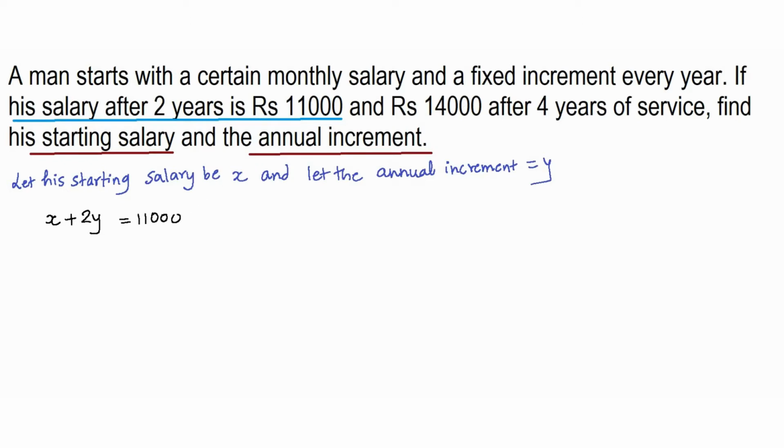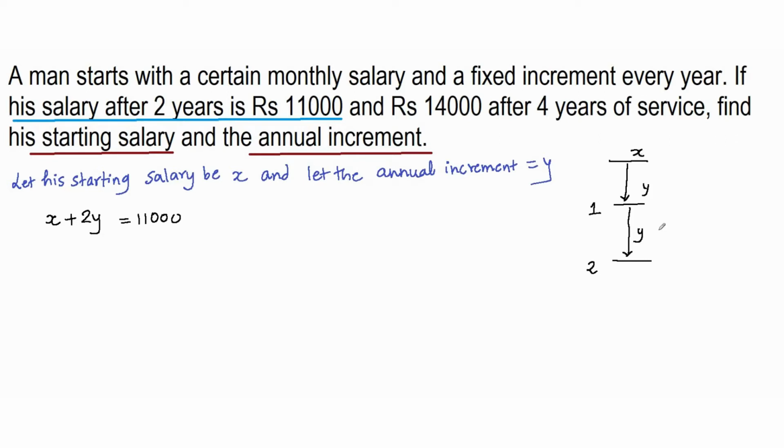So let me elaborate. What is happening is his initial salary is X, and then he's getting an increment of Y every year, right? So after 2 years, this is the end of the first year, and this is the end of the second year.